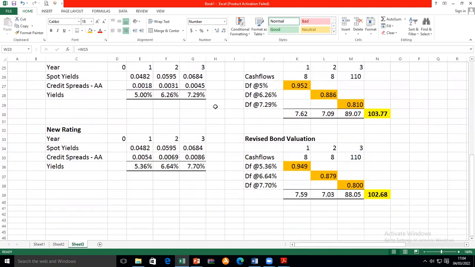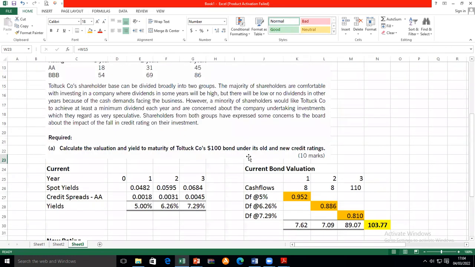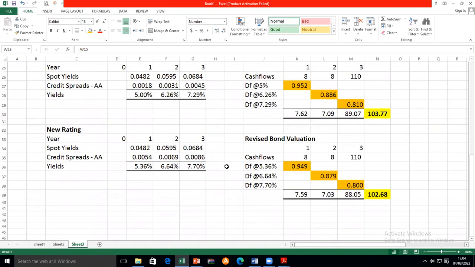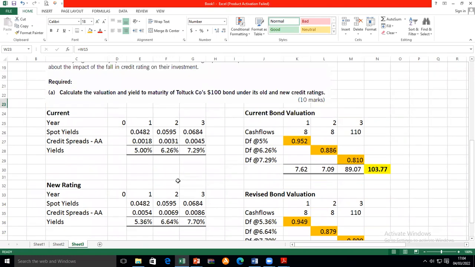The next item, which you had asked earlier on, was yield to maturity. Now, yield to maturity is your internal rate of return. So you just find the internal rate of return.